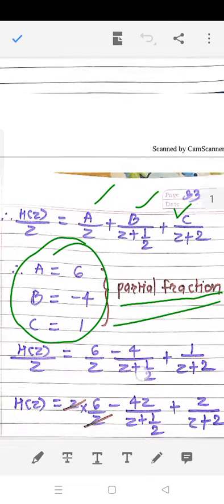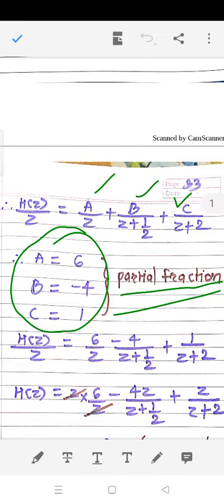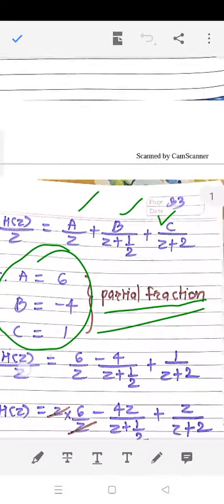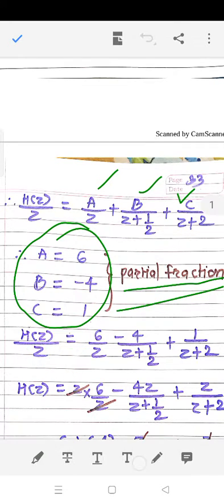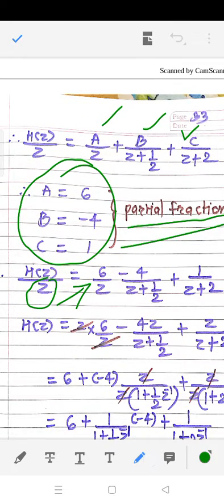So we get 6 by z minus 4 by (z plus 1 by 2) plus 1 upon (z plus 2). And now this z we will multiply here. So what we get, we will get this step.